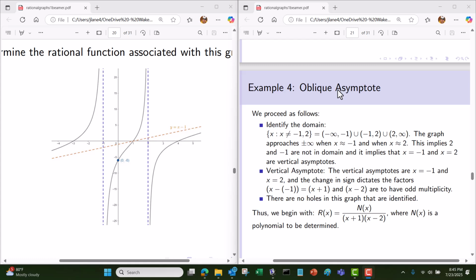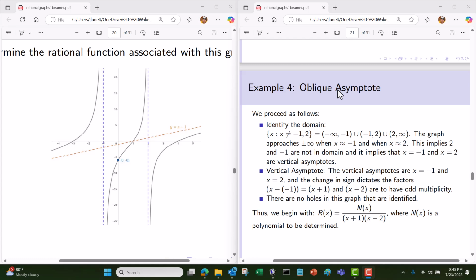This implies that 2 and -1 are not in the domain because they're not paired up with a finite real number. They go off to infinity. More importantly, this implies that x equals -1 and x equals 2 are vertical asymptotes by definition.